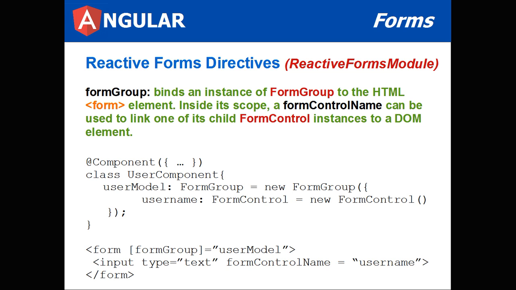When we develop our template, we define a form, and then we use the square bracket form group to indicate what a form group is being mapped to. That is, this template is being mapped to the user model object in the app component.